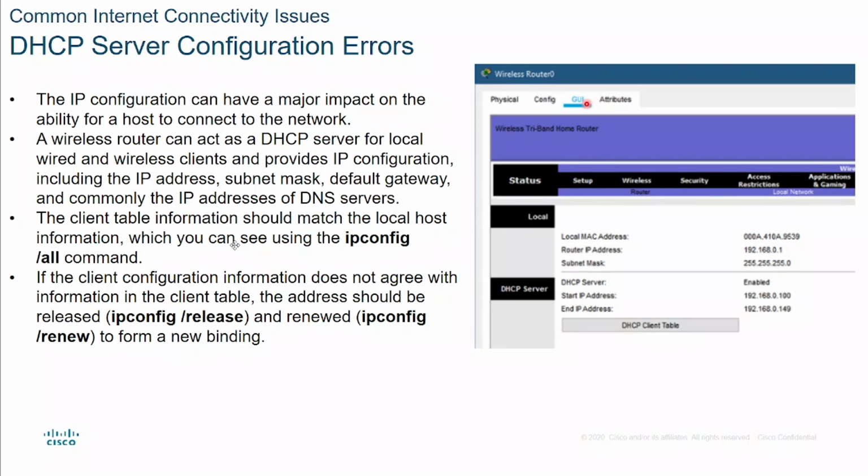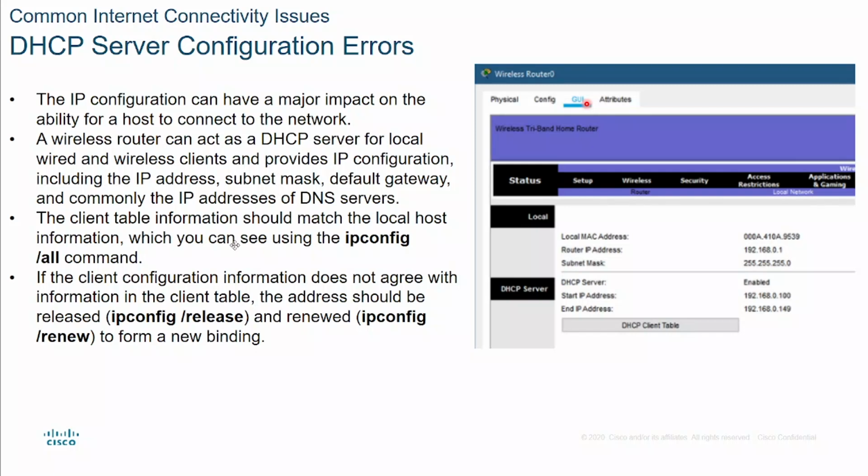A wireless router can act as a DHCP server for local wired and wireless clients and provide IP configuration, including the IP address, subnet mask, default gateway, and commonly the IP address of domain name servers. The client table information should match the local host information, which you can see using the ipconfig /all command.